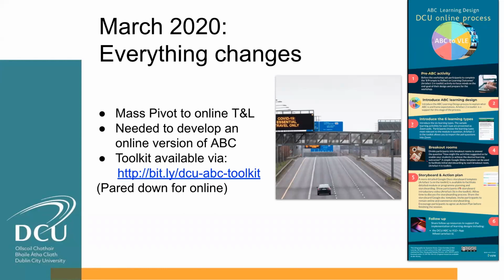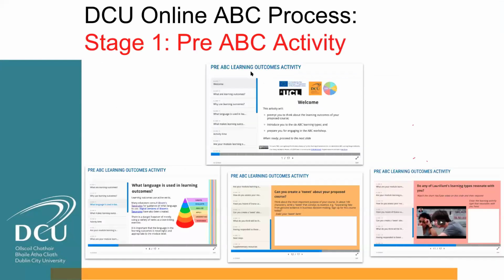But for now, I'm going to explain the main elements of our particular online ABC toolkit, going through a number of key stages. Starting at the very beginning, when somebody comes to us looking for a workshop for their team, they're usually the program lead, or the program chair, as the typical name for the person in Ireland.